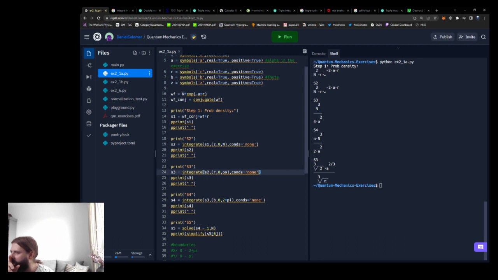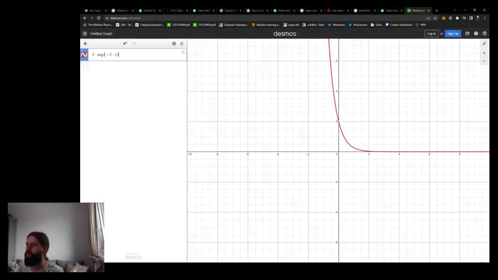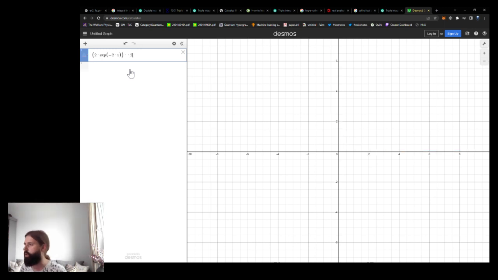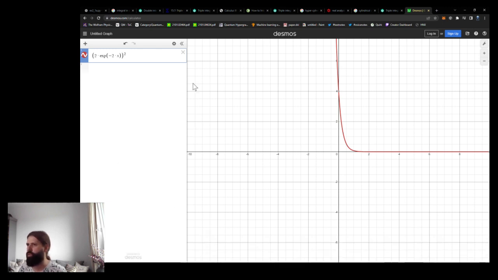Well, because I'm doing something wrong here. I'm taking a look at the function, and I should take a look at the square of it. I should take a look at the square of it. But okay, it's just n squared.